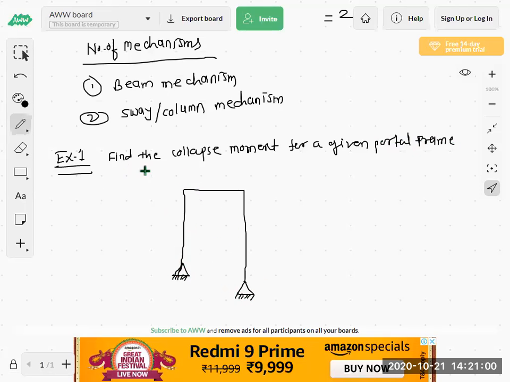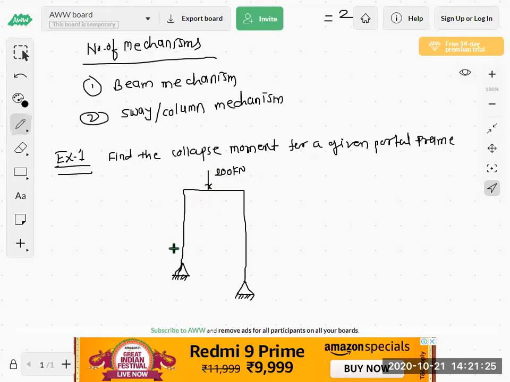The problem statement is given: find the collapse moment for a given portal frame. So draw the frame. Here on the beam, the vertical load of 200 kilonewton is given.